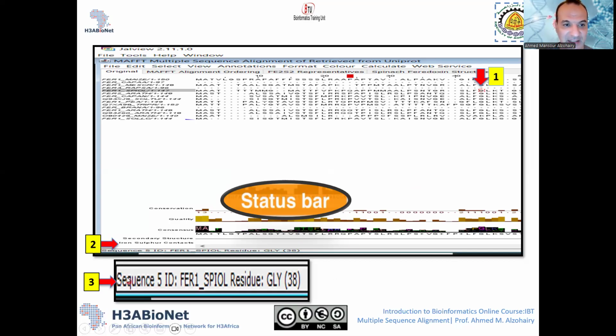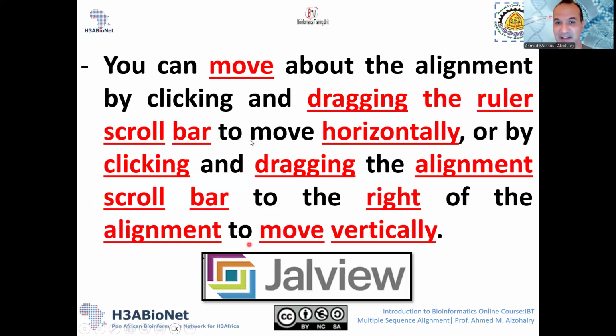This is the name of the sequence, which is sequence number 5, and the name of it is here, and then the name of the residue is glycine, and the position is 38. So it's very easy, and very important, to see the information in this status bar to know where exactly you are in this sequence and where you are hovering.